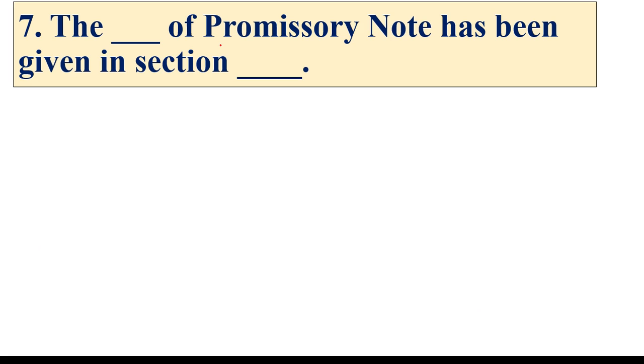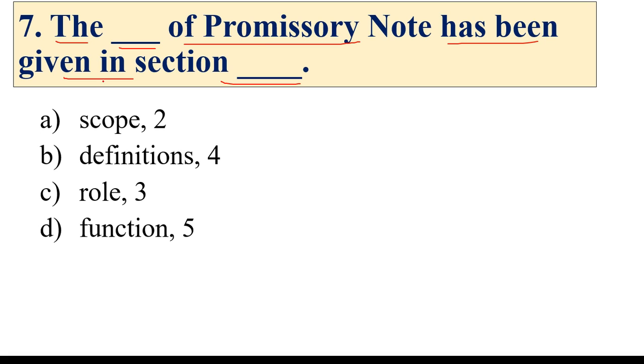Question number 7. The dash of promissory note has been given in section dash. So what is given about promissory note in which section? Okay, so the options are: Option A is scope and 2.